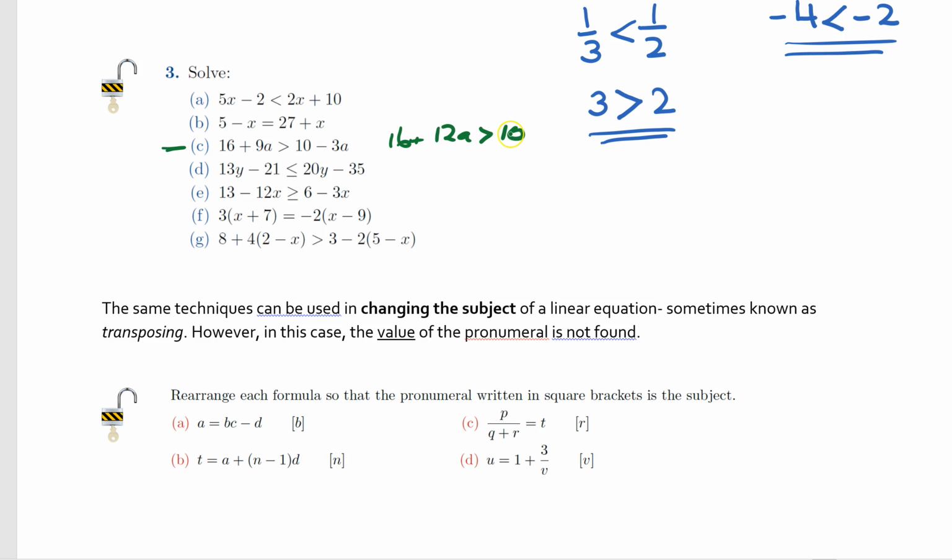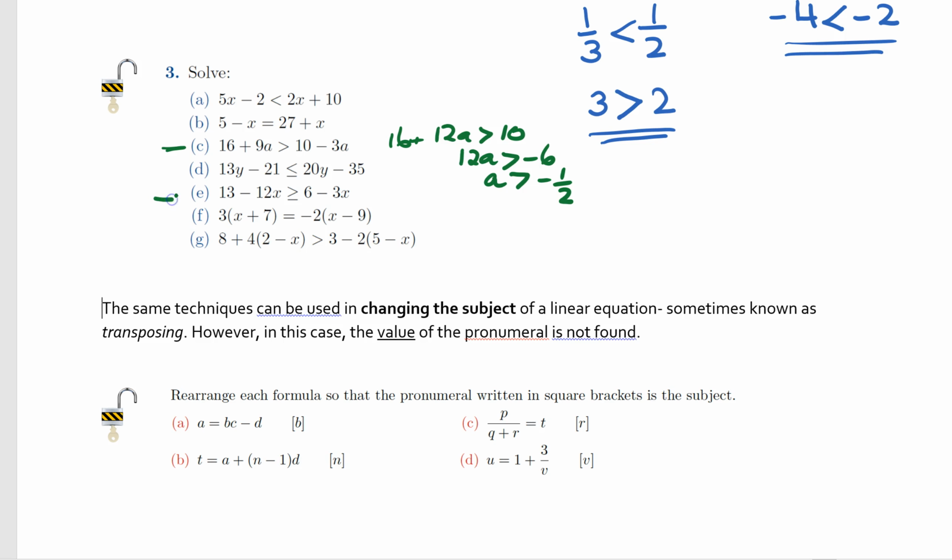When I take the 16 across to the other side, and I then divide by 12 and I get that, there's still no reason for the inequality to change, because I wasn't taking reciprocals and I wasn't multiplying or dividing by a negative. So no worries with that one.